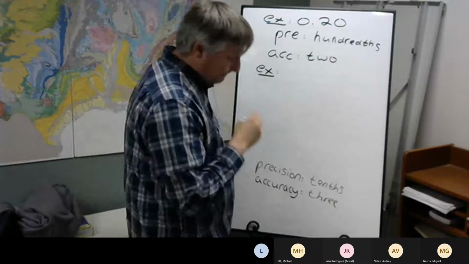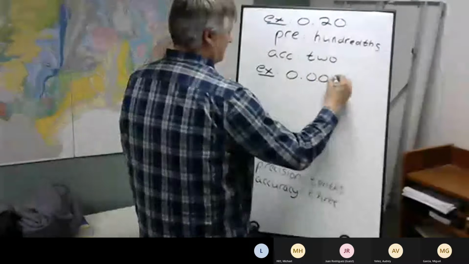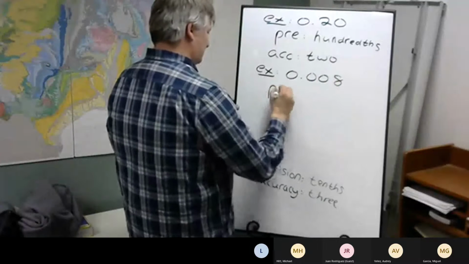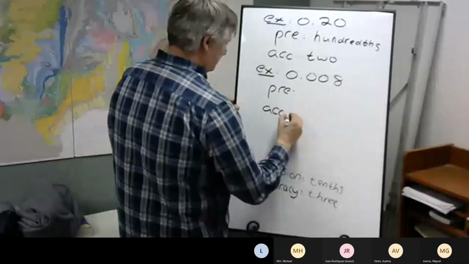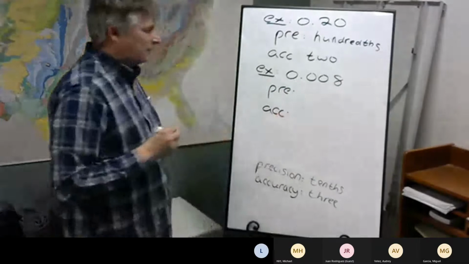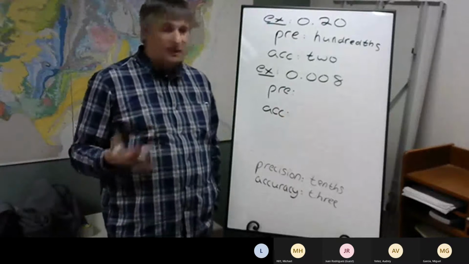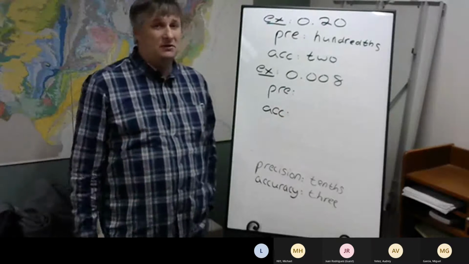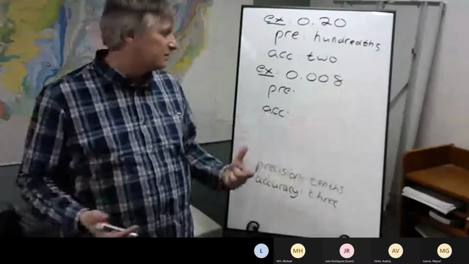So again, precision, we want to look at the place value of the rightmost significant digit. Well, we've got an 8, a non-zero number.